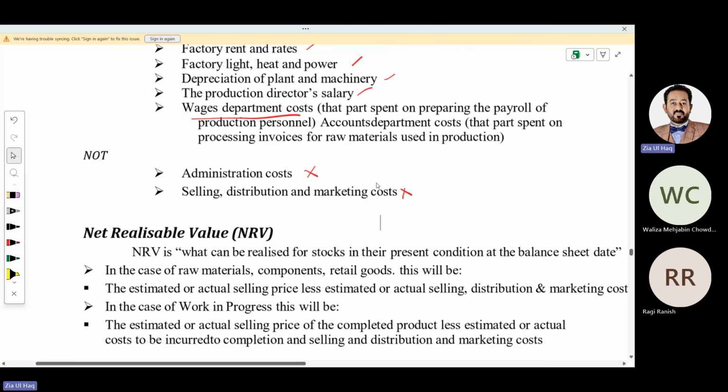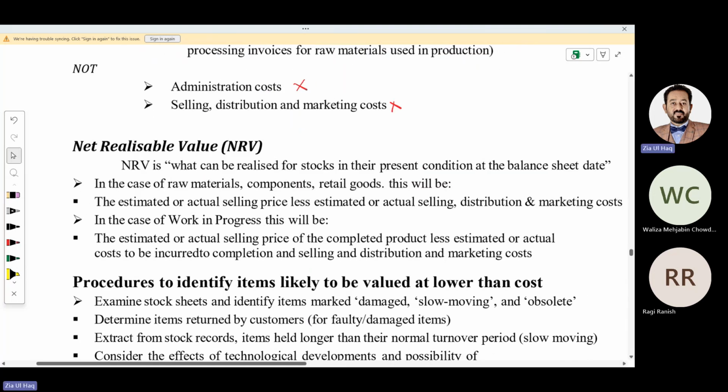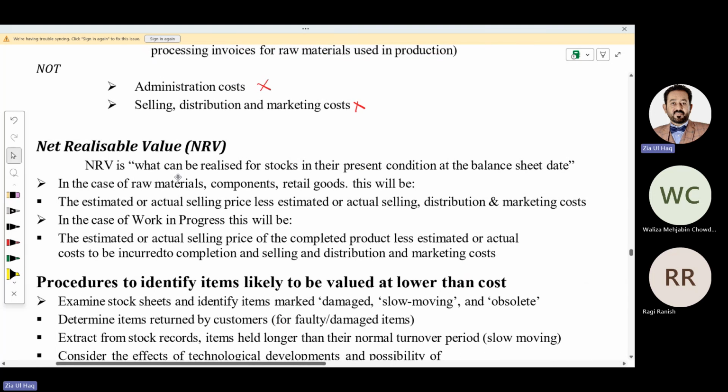What is the net realizable value? Net realizable value means what the company can realize from the stock in its present condition and location. Meaning what the company will receive by selling this inventory. And what will the company receive? Sale less cost to sell.